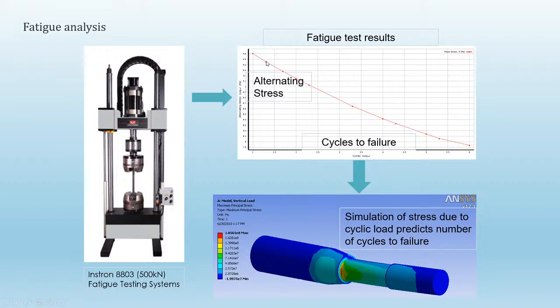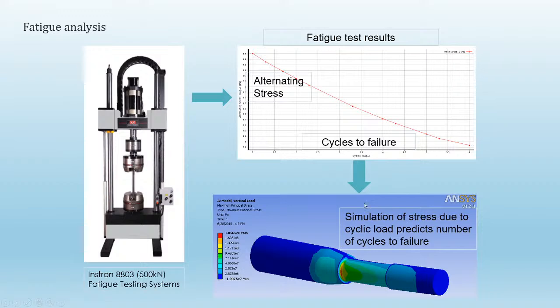You have a point of saying how long it's going to last. If I apply this much stress to my bar sample, then it'll last this long. And for different amounts of stress, you can see that the lower the stress is, the longer my sample will last. So this fatigue analysis is now a material property for this material.